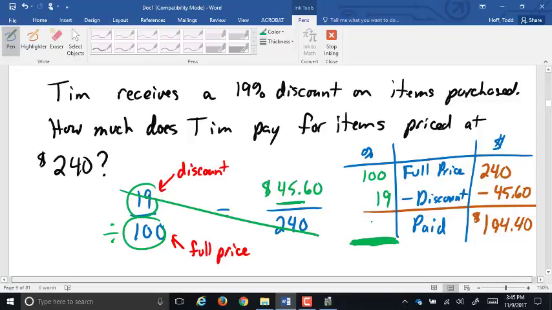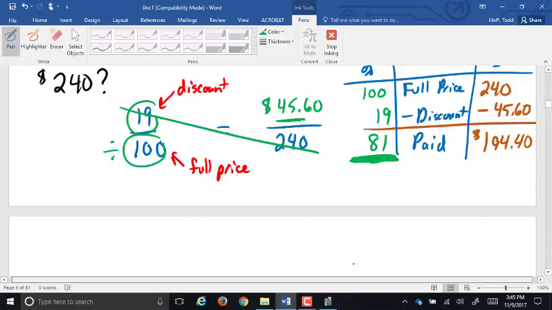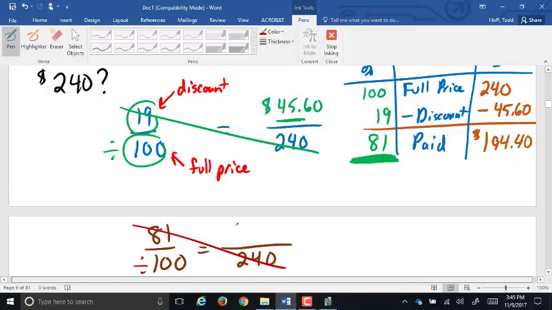It's 100 minus 19, which is 81%. So if we had wanted to, rather than finding the 19% and subtracting, we could have found 81% of the $240. And when we cross multiplied and divided there, we would have calculated $194.40 directly.